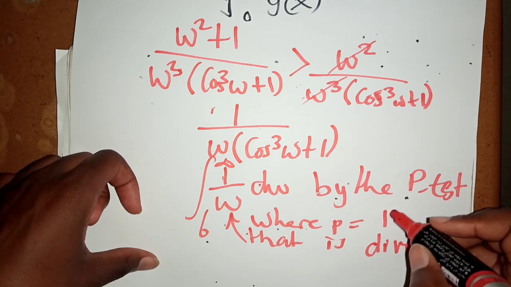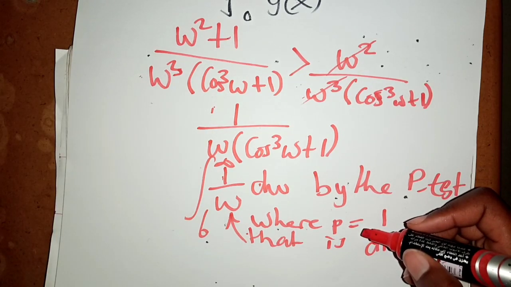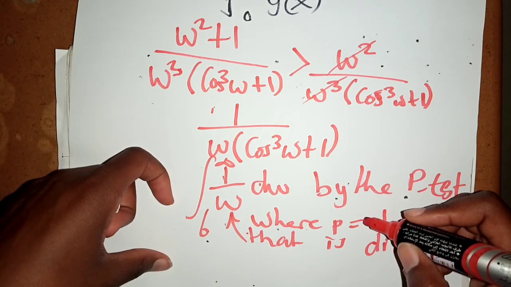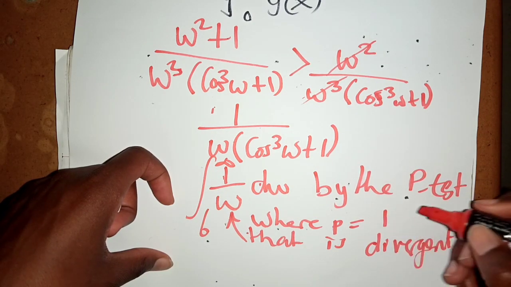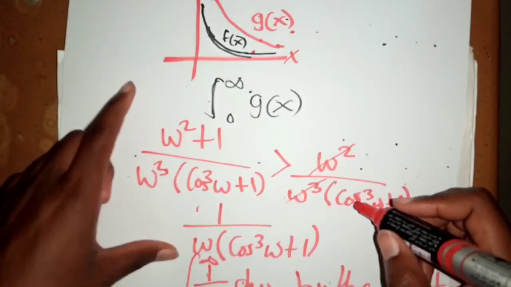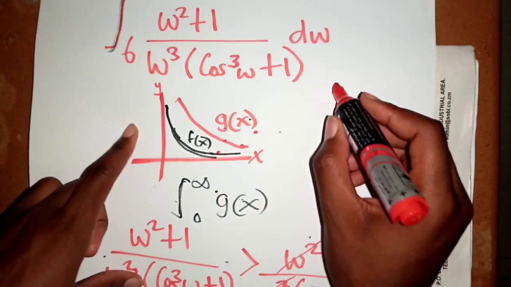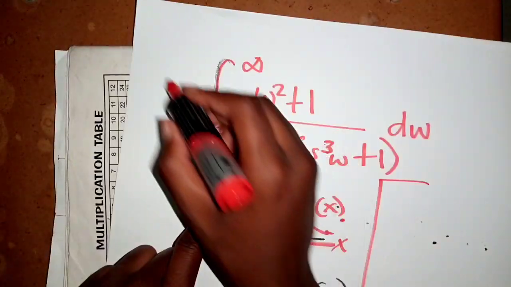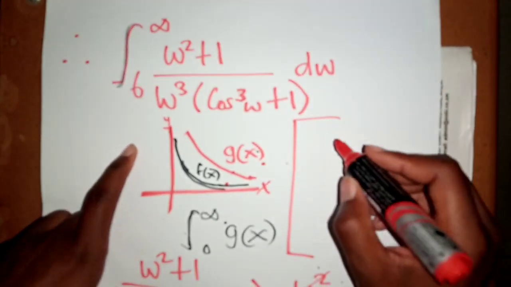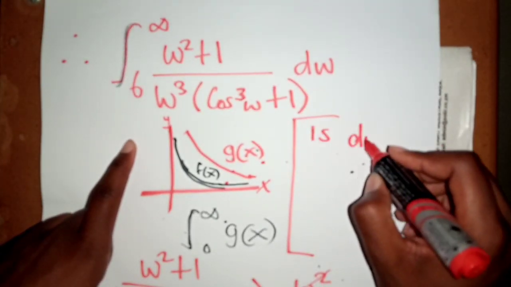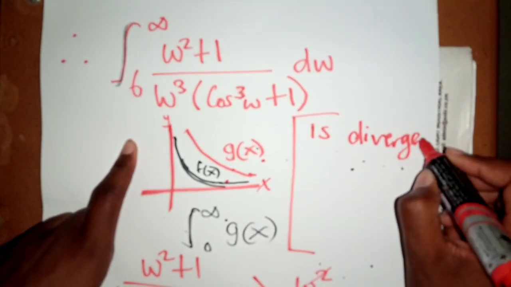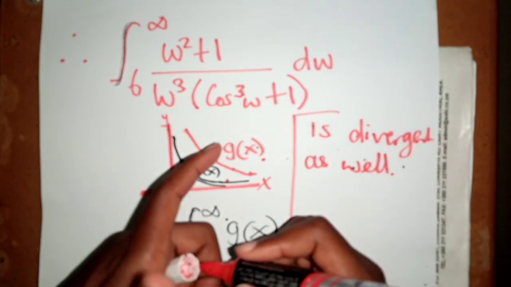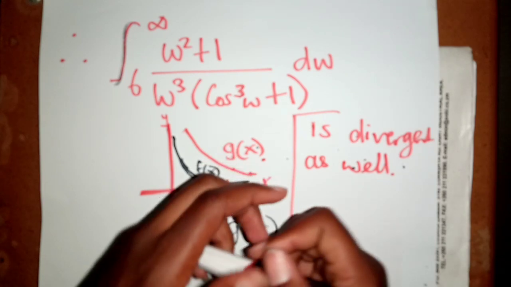And so we know that by the p test, if you've gone through it, p in this situation is not greater than 1, which means that this is divergent. And thus you can conclude, after writing all this, therefore this one is divergent as well. So that's all for question 1.